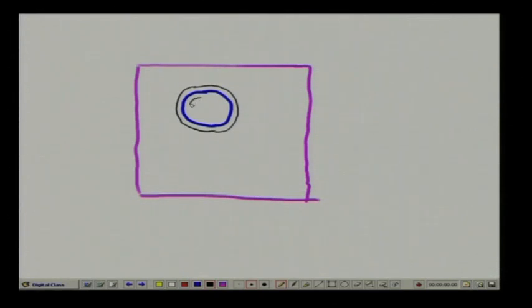So, if we consider only these pixels around the boundary to form the histogram, the advantage in this case is that the histogram will be symmetric.